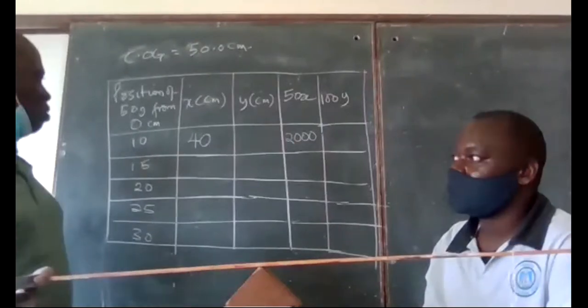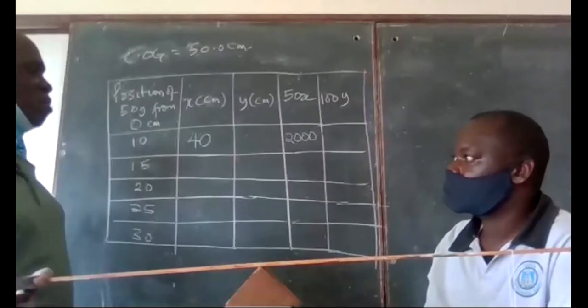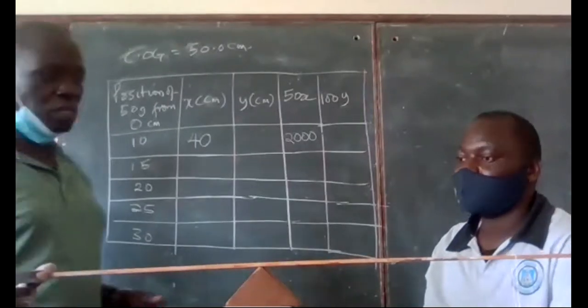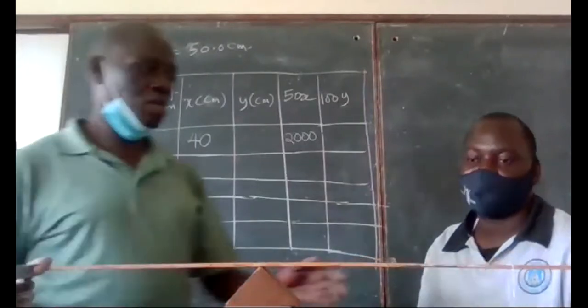Now, girls, should I do this step by step? Let's do it step by step. Now the 100 gram mass: we are going to balance and find the other one. I hope you see which direction this is.